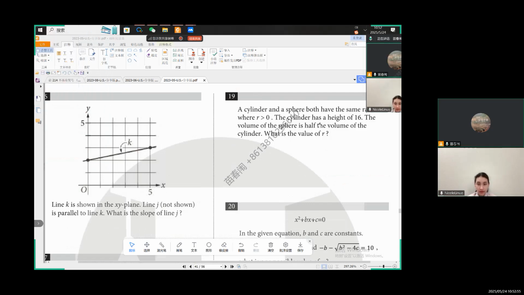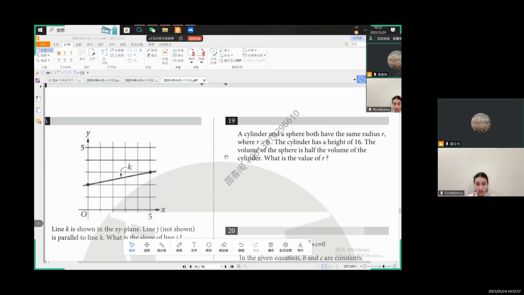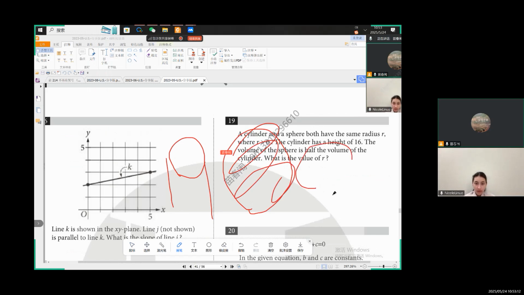The cylinder and the sphere both have the same radius. Let's make it smaller. And the cylinder has 16 as height.